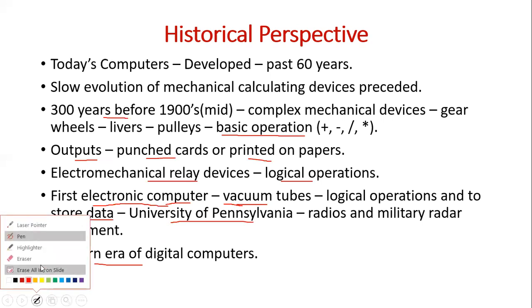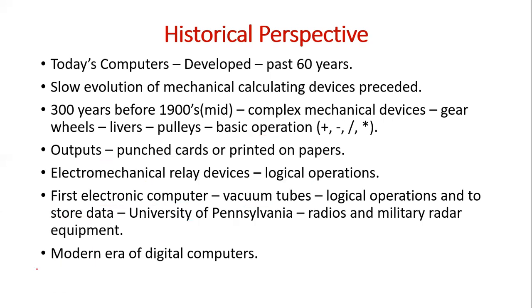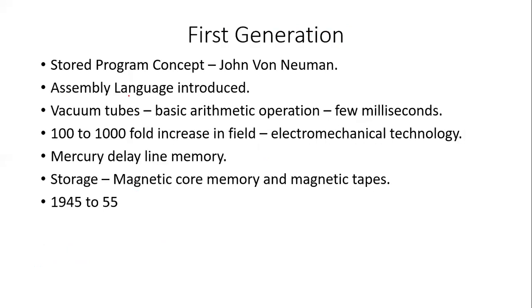Okay. So with this brief history, let us try to understand the various generations of computers. So the first is the first generation computer. The first generation computer is the one which used the vacuum tubes.